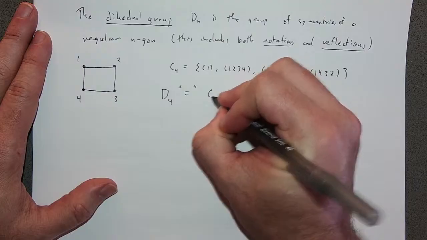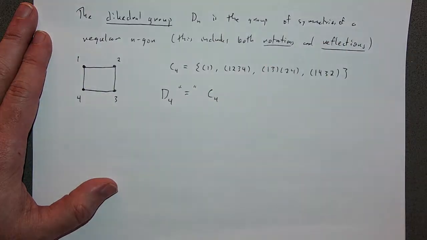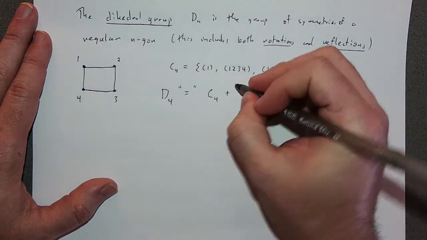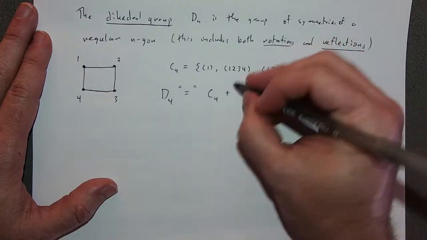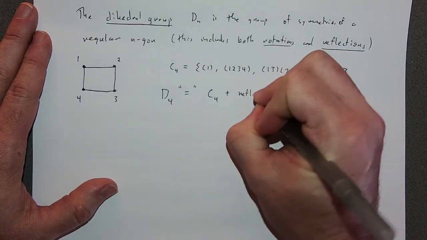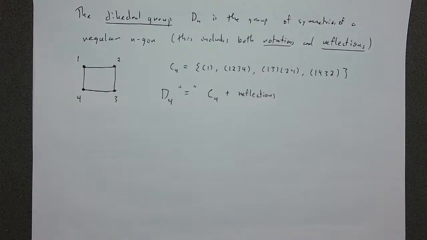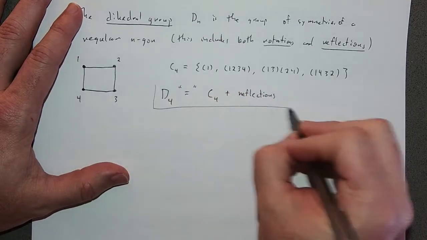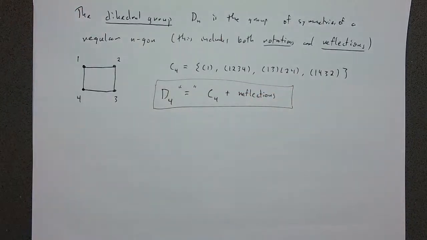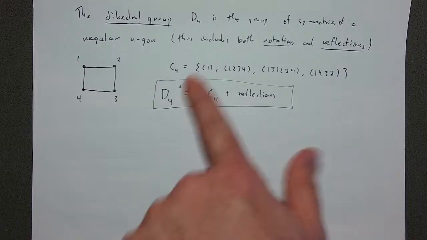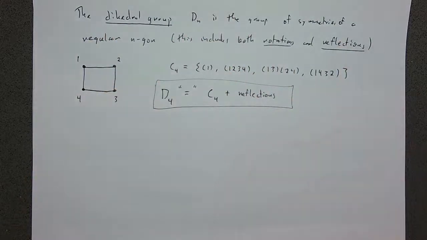So it's going to be all of the rotations plus all of the reflections. This is not in any way mathematically precise, really. It's just me saying that it's all of the rotations, together with the reflections.